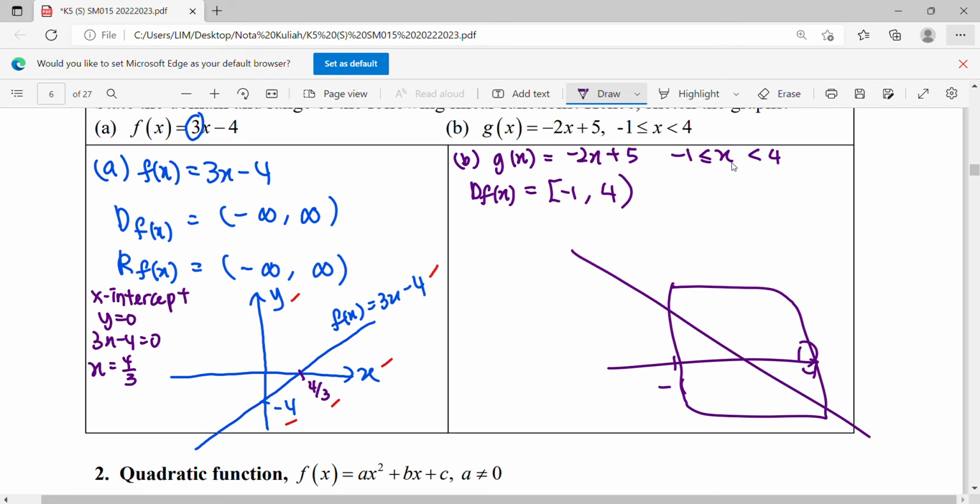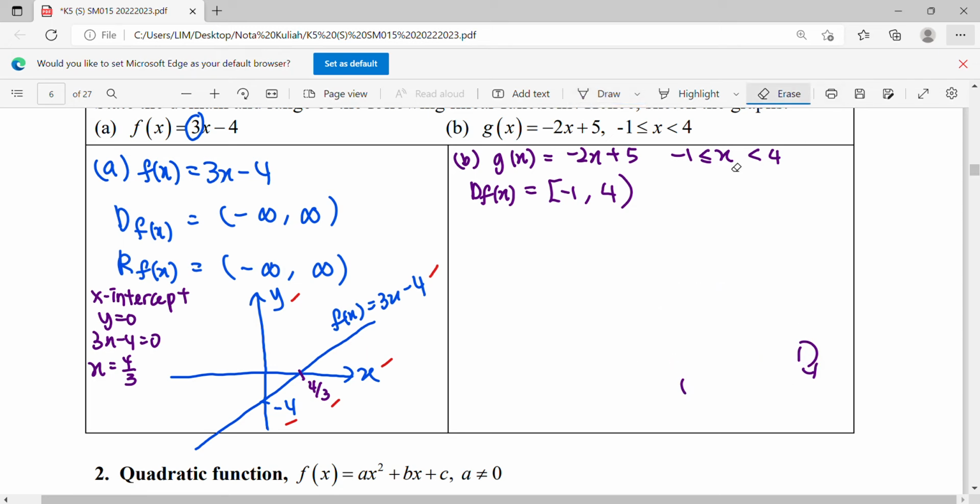Alright, so for range, it will not be infinity to infinity lah. It has to depend on our maximum point until the minimum point. Alright, so we have to calculate the points. For the first point, when x equals to -1, what's your coordinate? Y will be -2 times -1 plus 5.